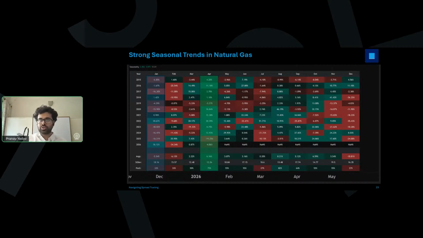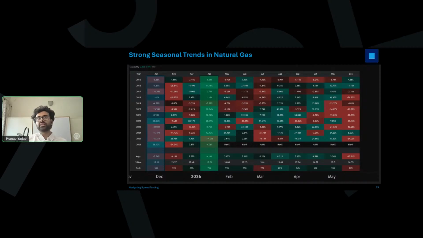In April, by contrast, natural gas prices have increased by 6.16%, right? And both of these moves are quite consistent. That means 77% of the time in January, prices fell, and 75% of the time in April, prices rose. That means these are predictable scenarios that occur.